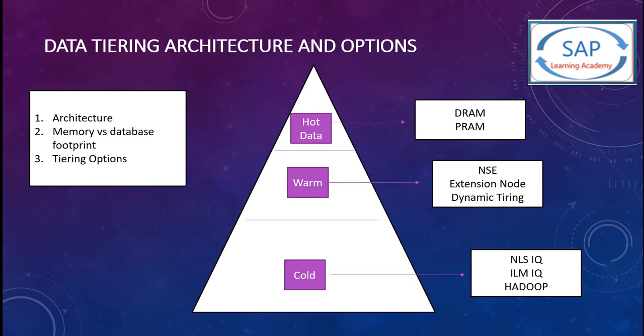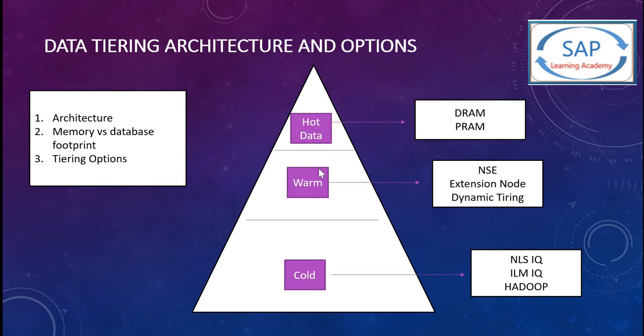Whenever any task or request is made on the hot data, the RAM can provide the data very fast, because there is not much operation with the CPU, so the data can be fetched very fast.